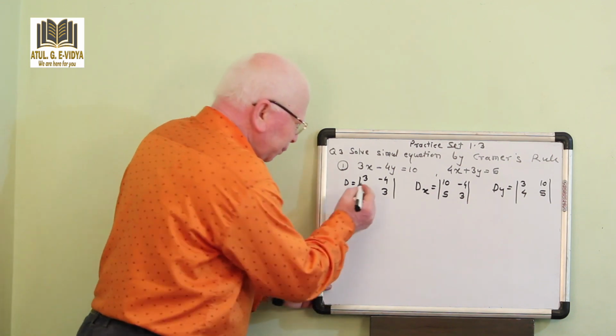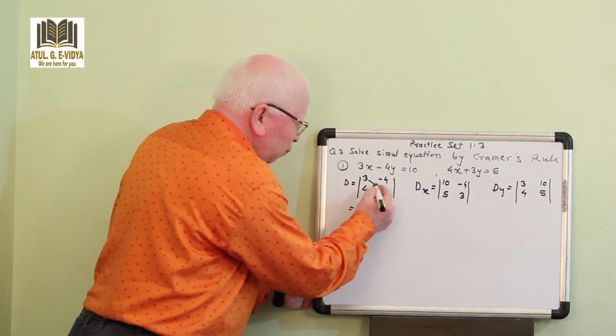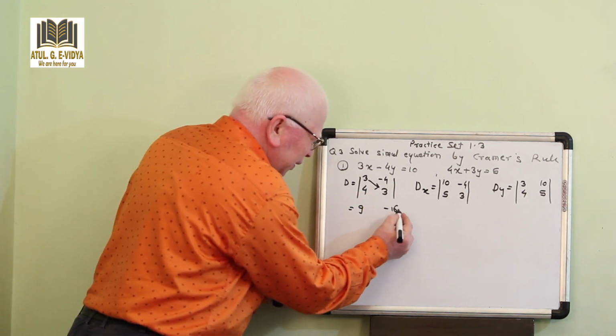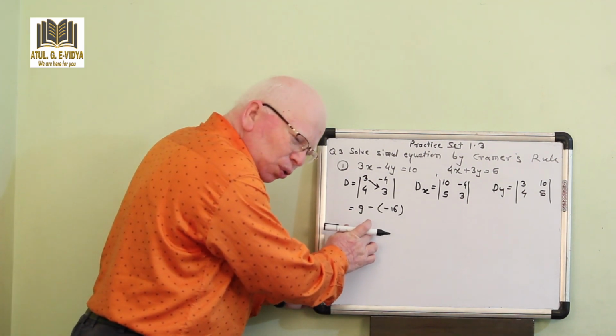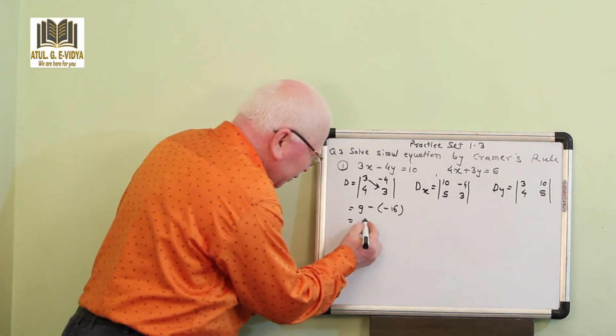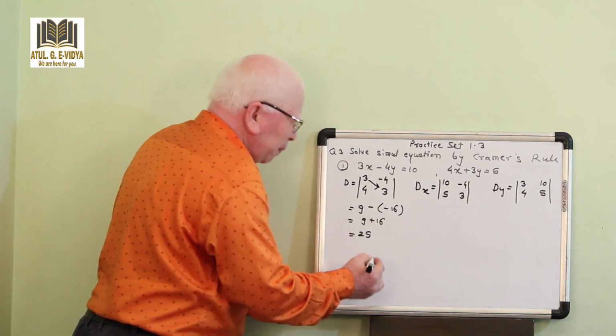Now solve. 3 into 3, that is 9. 4 into -4, that is -16, and such minus sign from our rule. 9 plus 16, value is 25.